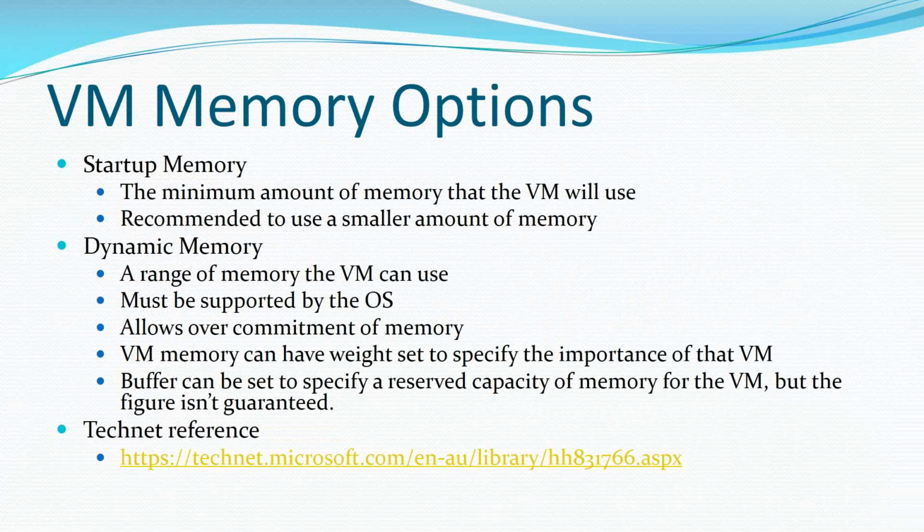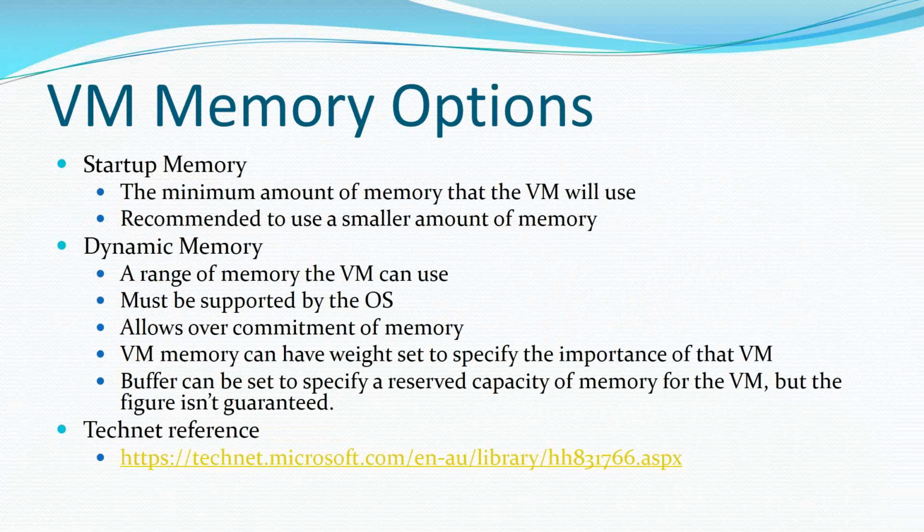There is a weighting option. So you can say, how important is this VM? How much precedence does it have over another one that might need some memory? So if you get times of contention, the one that's got a higher weight is going to be able to sit there and say, oh, this is mine, and the other ones just have to sit back and wait their turn, basically. And there's a buffer as well.